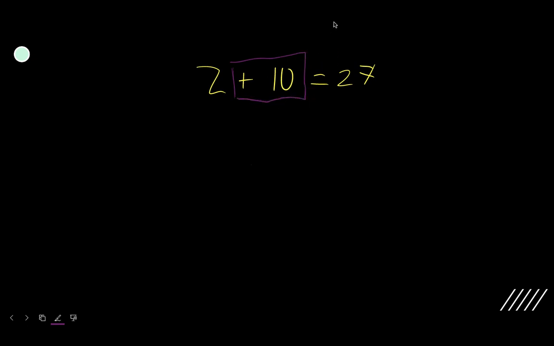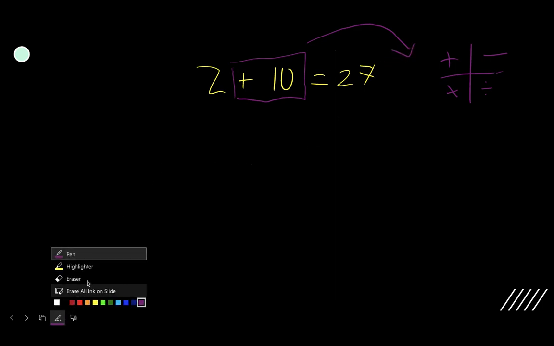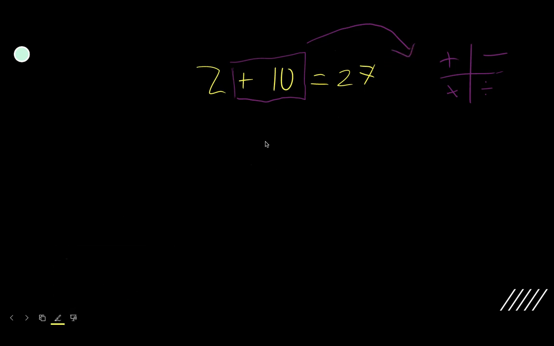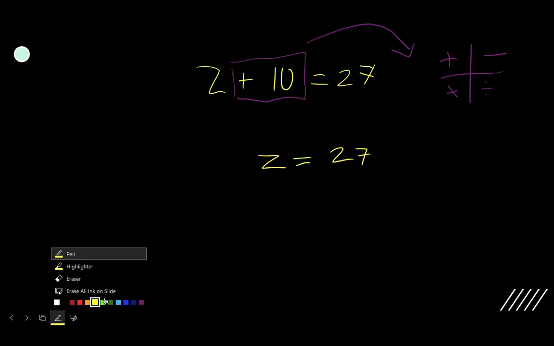We have addition. So we said the opposite of addition is subtraction. So let's flip it to subtraction. Once we move 10 to the other side, we have z is equal to 27 and then minus 10.